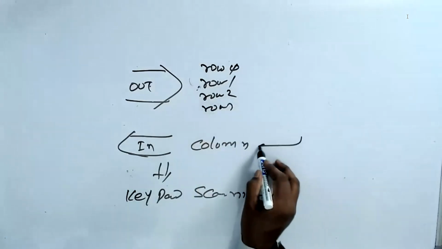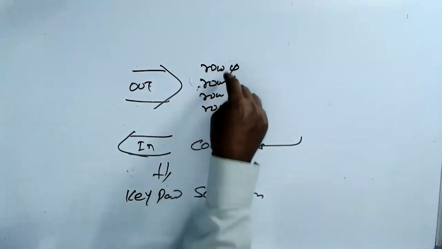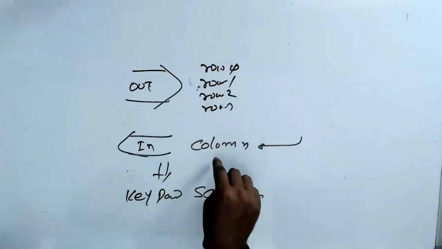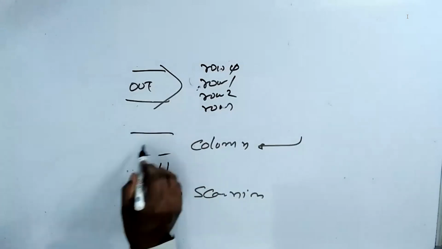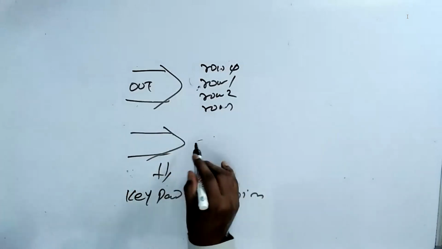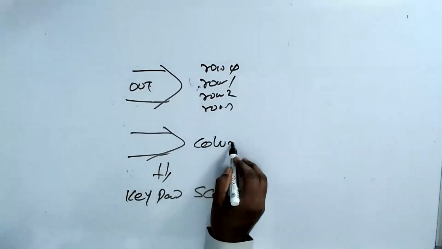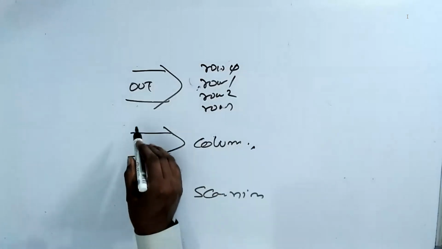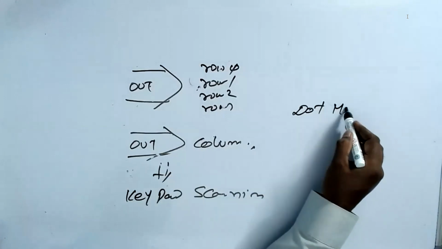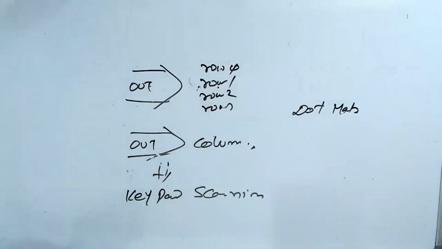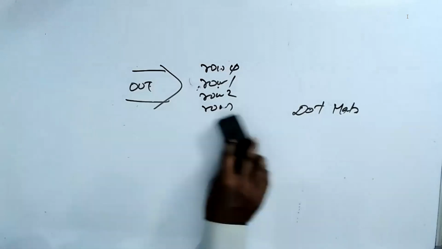You read all the columns. Whichever intersects, when you do row 1, if the particular column intersects, that button is pressed. That's the way we do that. In dot matrix, same way, you have out row, out column. This is called dot matrix. Row and column. Next week we'll discuss about the motor also.